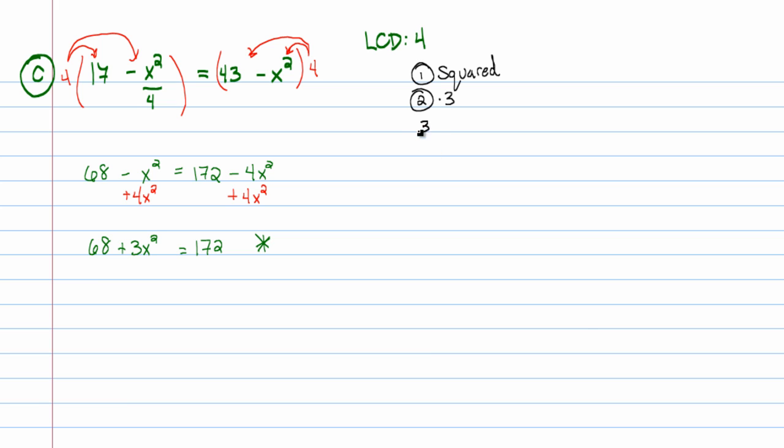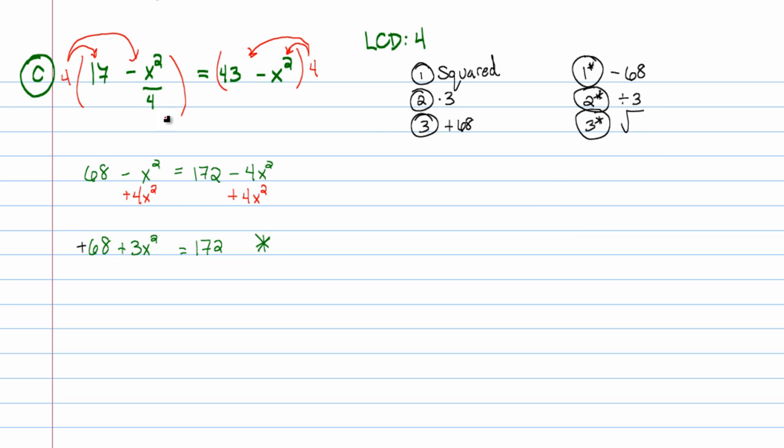The third thing that happened to it, they added 68 to it. So my roadmap for solving this equation: I'm going to undo their addition of 68 first by subtracting 68. I'm going to undo their multiplication of 3 by dividing by 3. And then finally, I'm going to undo their squaring by taking the square root.